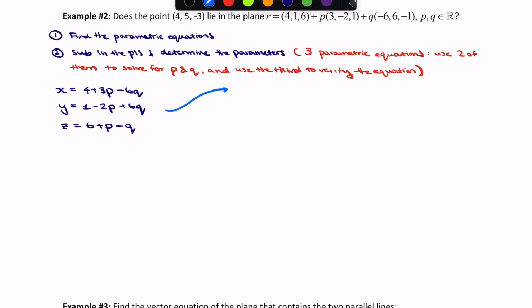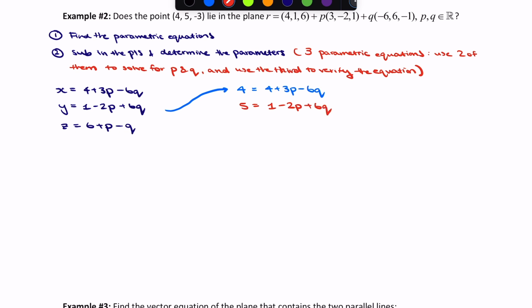So here, we have our point 4, 5, and -3. So we'll sub in 4 for x, giving 4 is equal to 4 plus 3p minus 6q. And for y, we'll sub in 5. So we have 5 is equal to 1 minus 2p plus 6q.